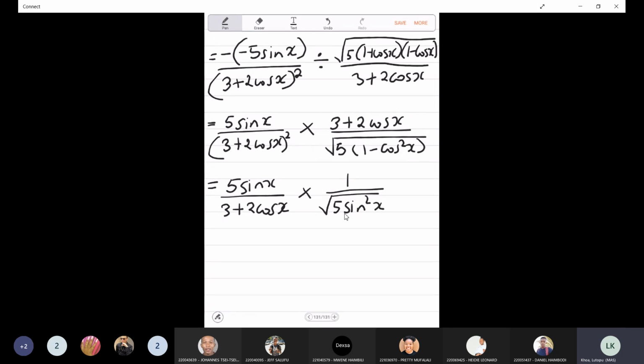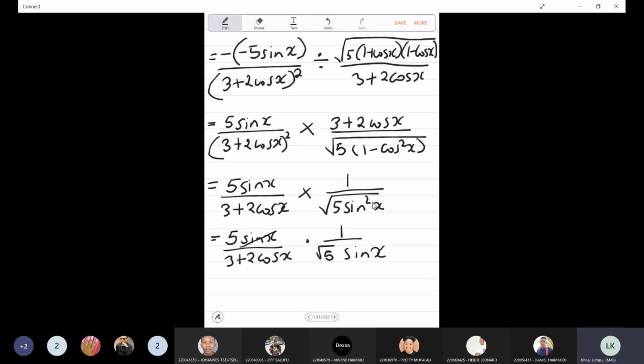Okay, and we can separate the square roots over here and say this is the square root of 5 times the square root of sine squared of x, which is just sine x. So I have 5 sine x over 3 plus 2 cos x times 1 over the square root of 5 times sine x.